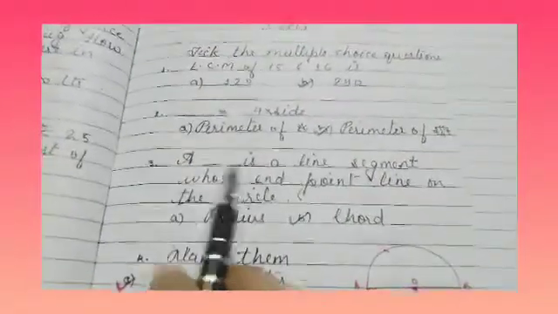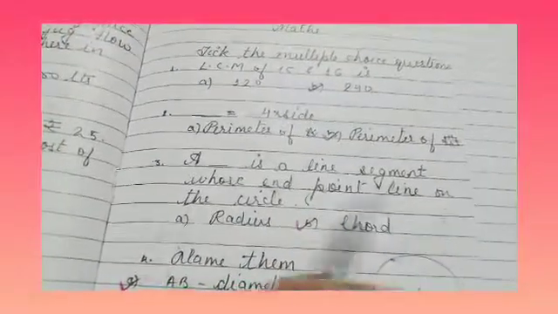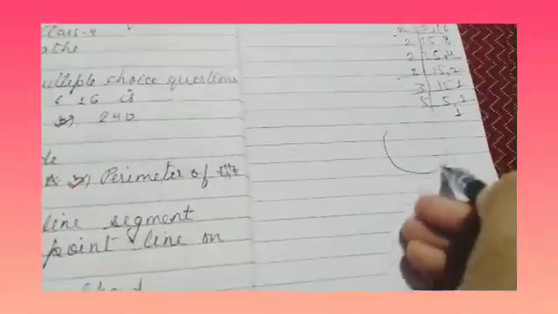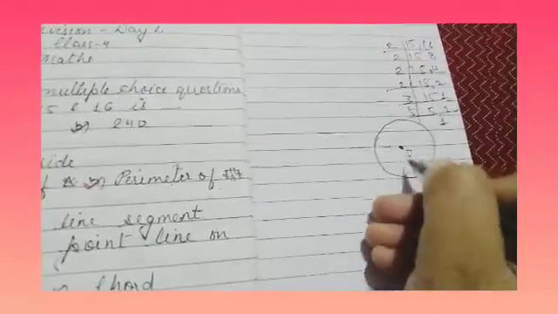Okay children, so next, a dash is a line segment whose end point lie on the circle. So suppose this is a circle, so this point O is called center of the circle.